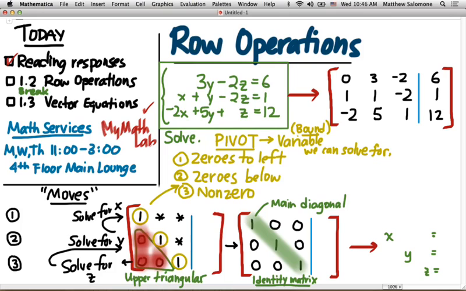So our goal in row reduction, always the goal, is to find where the pivots are. And because of the nature of how pivots are defined, there can be a maximum of 1 pivot per row and 1 pivot per column. So for a matrix with 3 rows and 3 columns, what's the maximum number of pivots we can have?